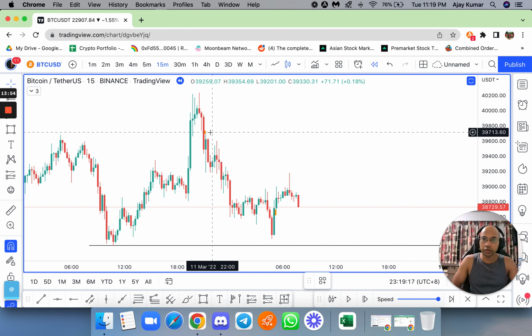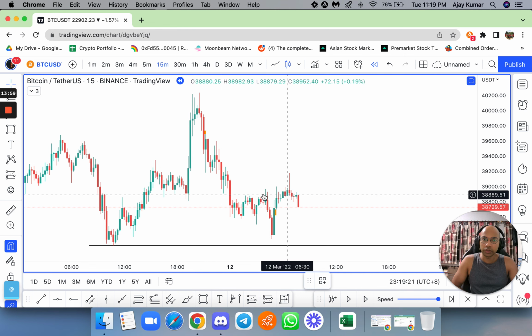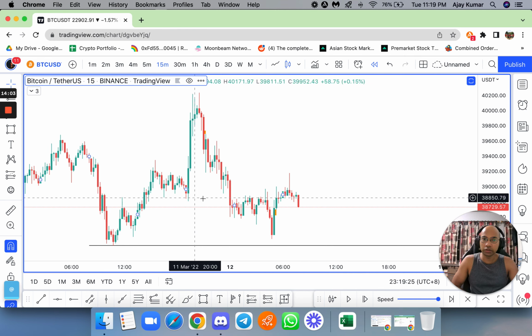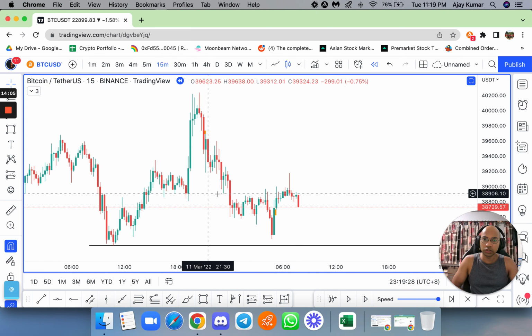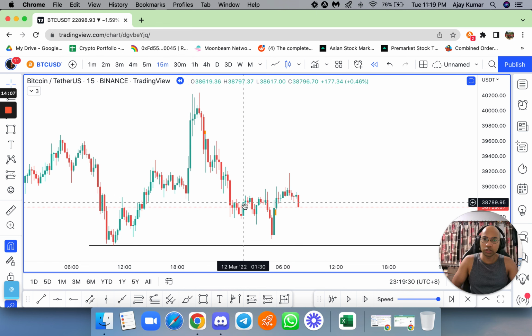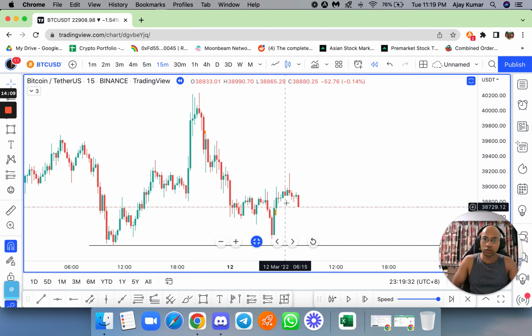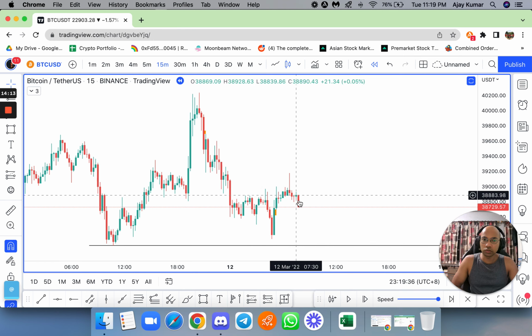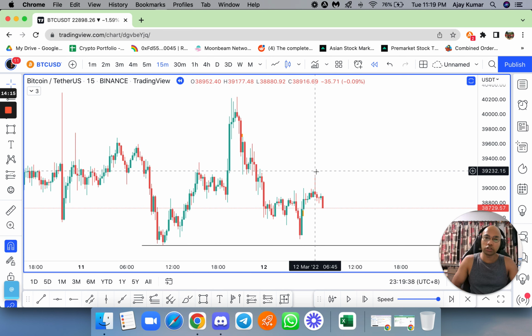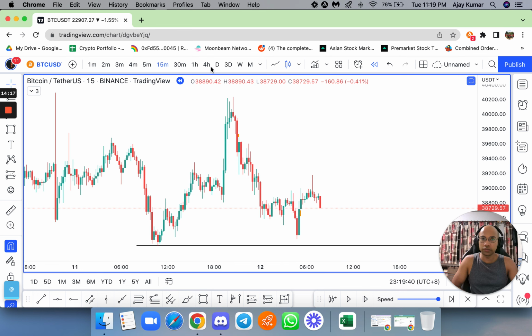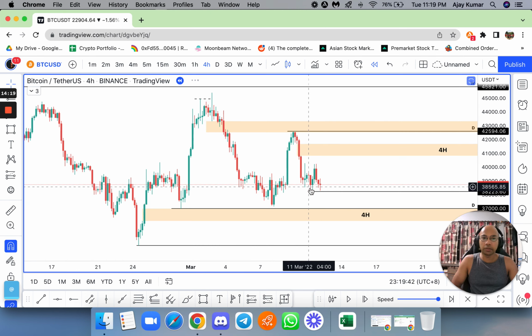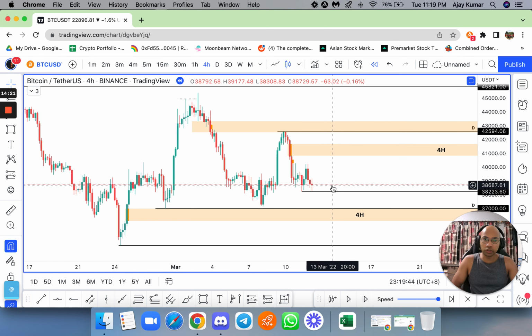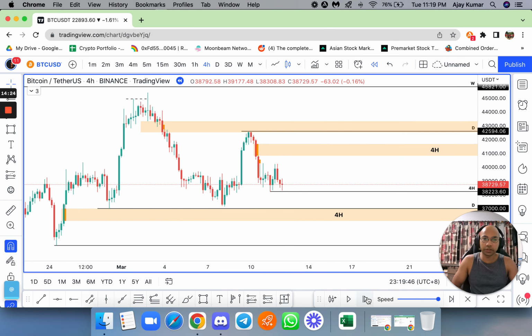There's a small fair value gap here. But looks to me like there was a clear market structure break here, right? Price went down, came back up to fill the fair value gap. Actually, I'm not so sure what's going to happen. But yeah, my bias is price is going to come down here. Okay, let's see what happens.